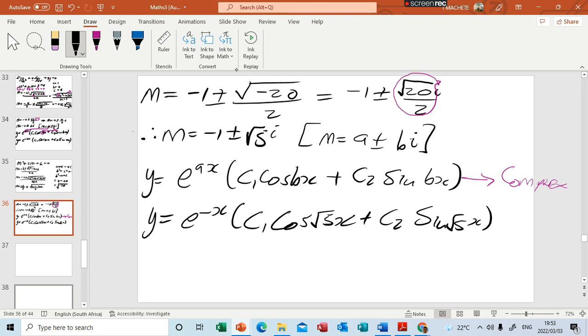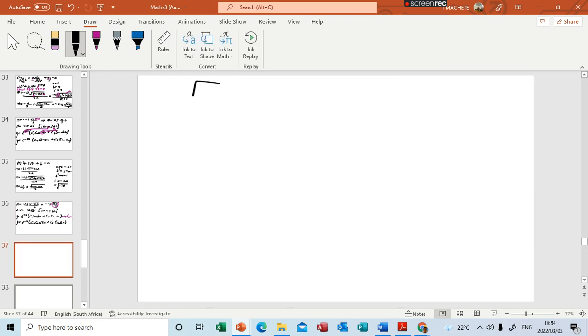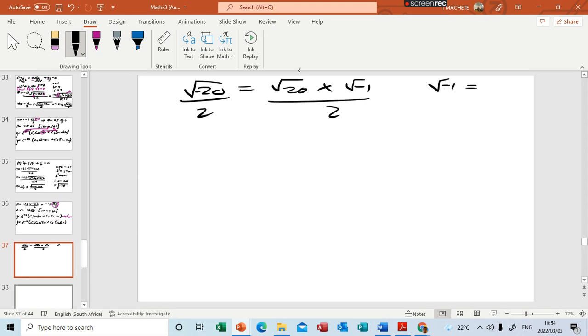Instead of squaring the 20, I didn't, because I made a mistake when I was replacing the i. So let's go to this page. It was the negative square root of 20 divided by 2. You don't want this negative square root, so you say square root of 20 multiplied by square root of minus 1, over 2, where the square root of negative 1 equals i. So we have square root of 20 i over 2.